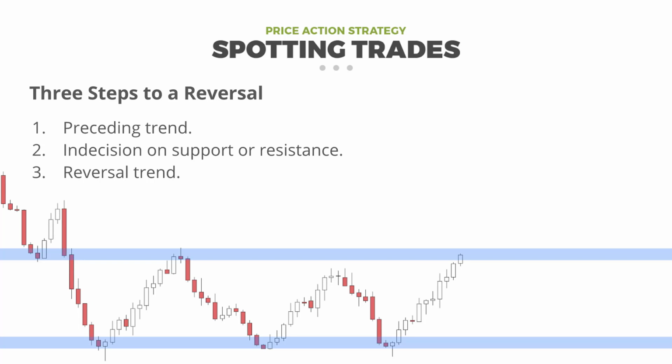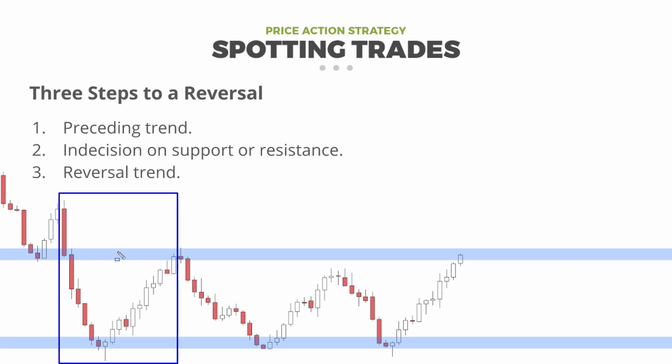Actually, let's say this whole thing is the reversal, right? You know what? I think I've got a better way to do this. Frame, 1 sec. All right. This is the reversal.